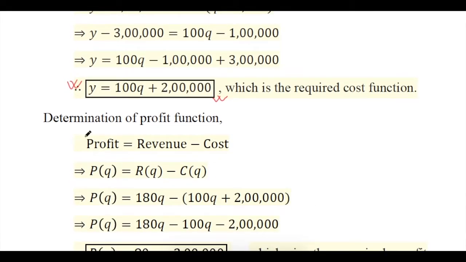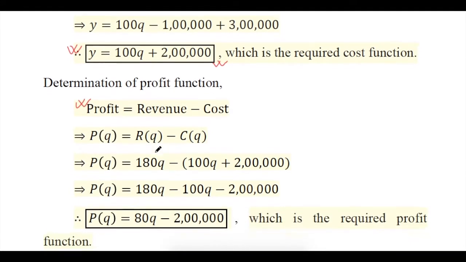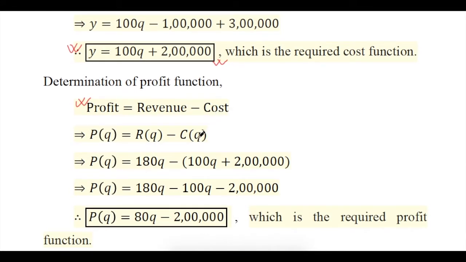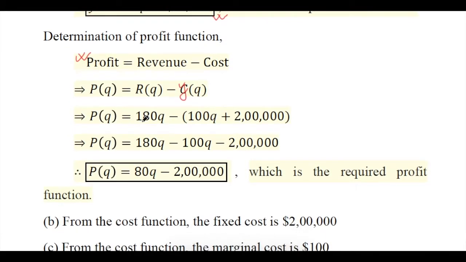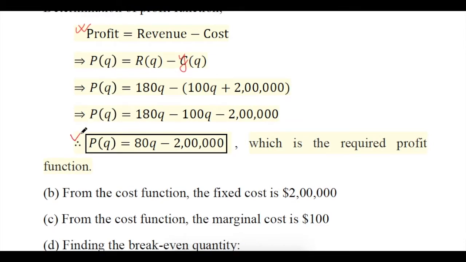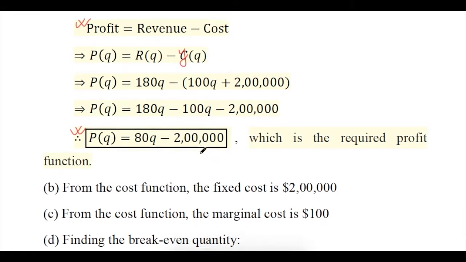So we can calculate the profit function, revenue minus cost. Since we denote cost by y here, it's better to use y instead of c. So the profit function will be 80Q minus 200,000.